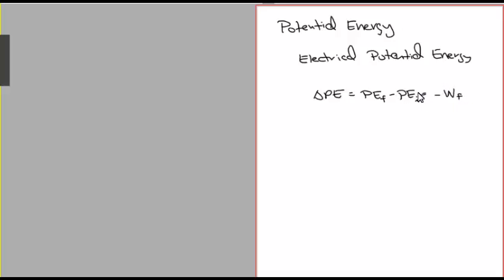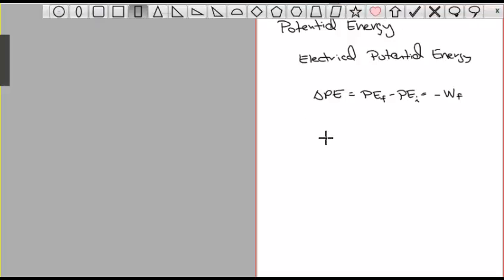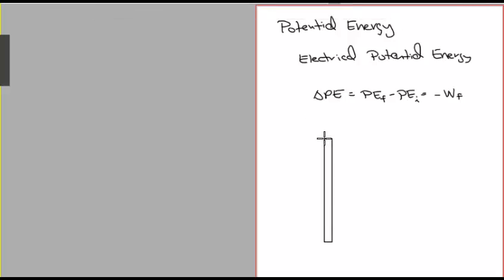So we use that definition to come up with the electrical potential energy. And what we look at is a scenario that looks like this. So we have two charged plates.